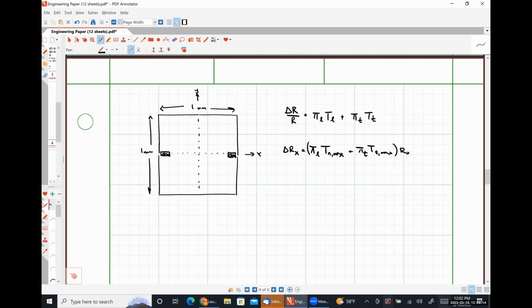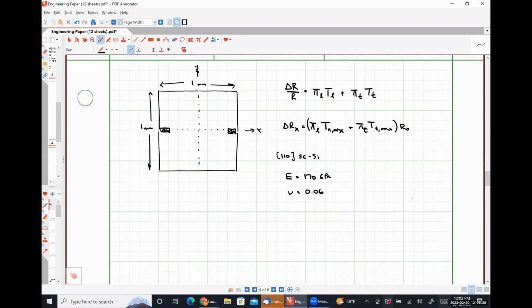Okay. If our membrane is made of 110 single crystalline silicon, that means that our Young's modulus, which I don't think we actually need, is 170 gigapascal. Our Poisson's ratio is 0.06.